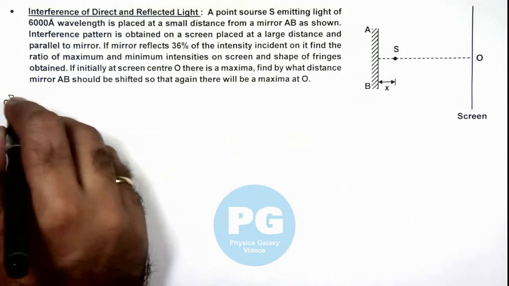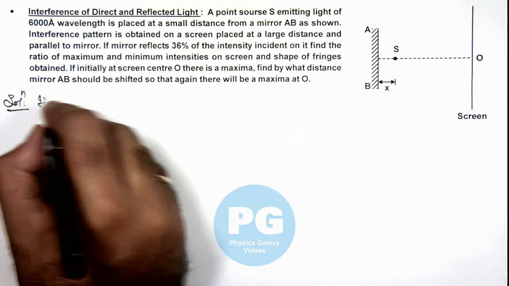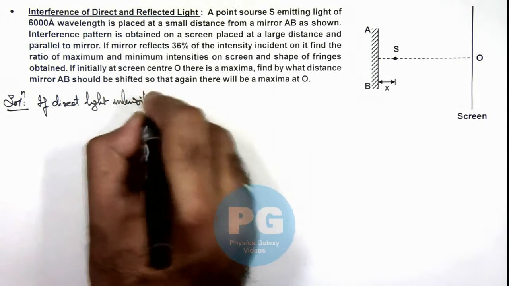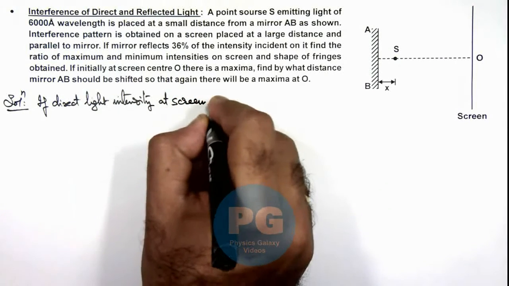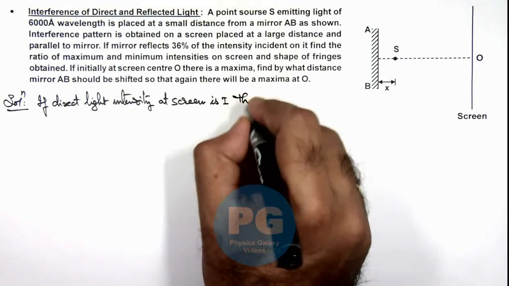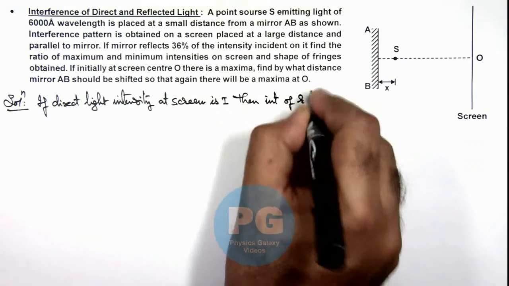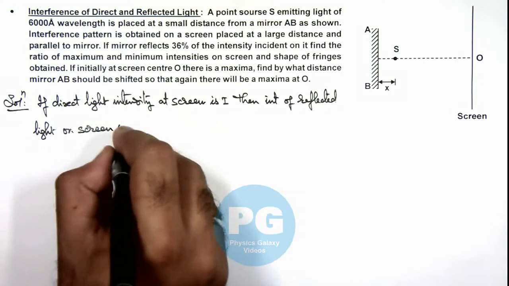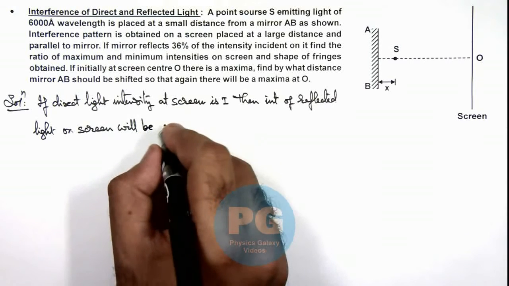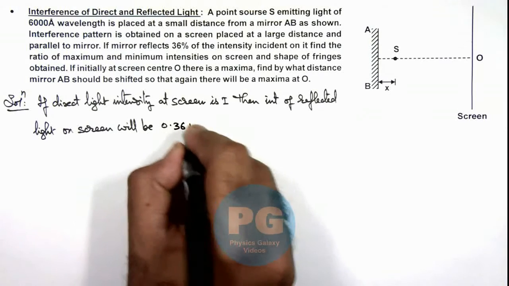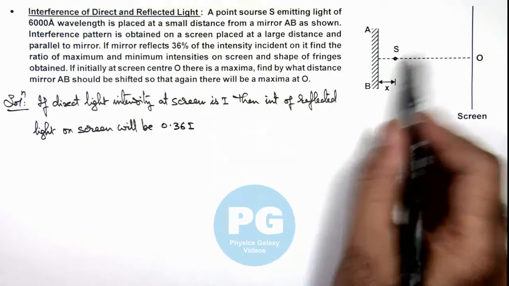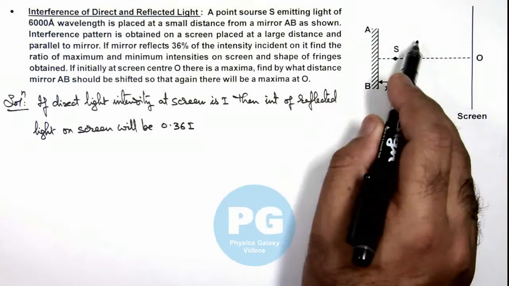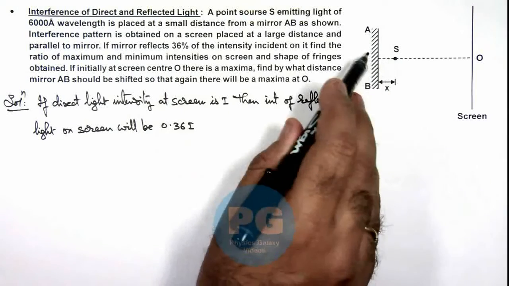So here in this situation we can simply write, if direct light intensity at a screen is I, then intensity of reflected light on a screen will be 0.36 I, because we are given that the light which directly goes from S to O and the one which is reflected and goes from S to the screen, this reflected light has 36% of the intensity which is incident on the mirror.